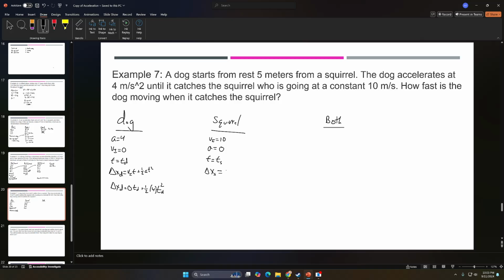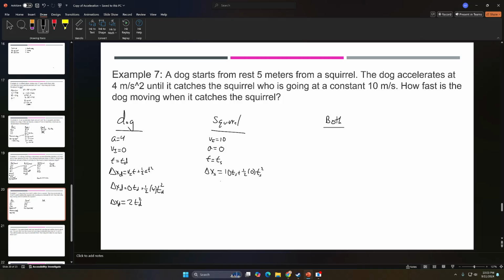Here it would be 10 times time of squirrel plus 1/2 times 0 times time of squirrel squared. Simplify both of those and you get that displacement of the dog is equal to 2t dog squared.